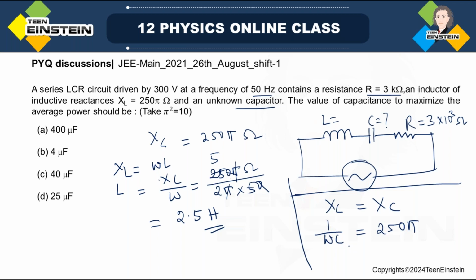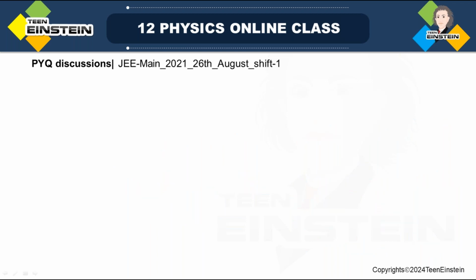I'll have to take the reciprocal of this. So 2 pi F into C is equal to 1 over 250 pi. Okay, this is the one. So from here we have to get what is C.